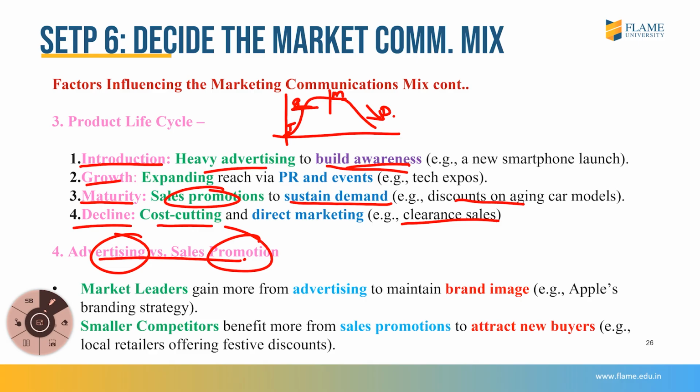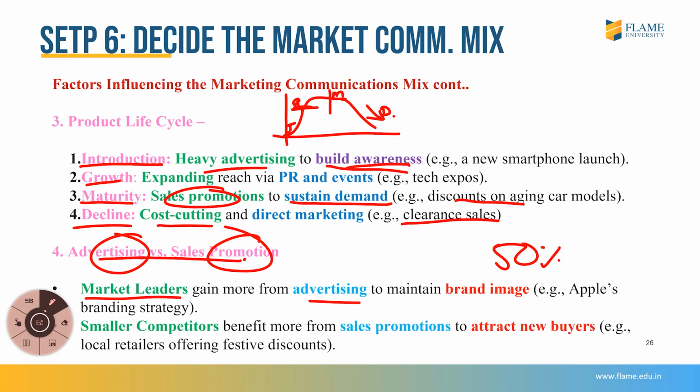Which kind of company needs to do what? If you are a market leader, Apple has more than 50%, exactly I do not know the exact figure, but Apple enjoys more than 50% market share in the phone industry. For Apple to sustain that business, they have to be very heavy on advertisement.